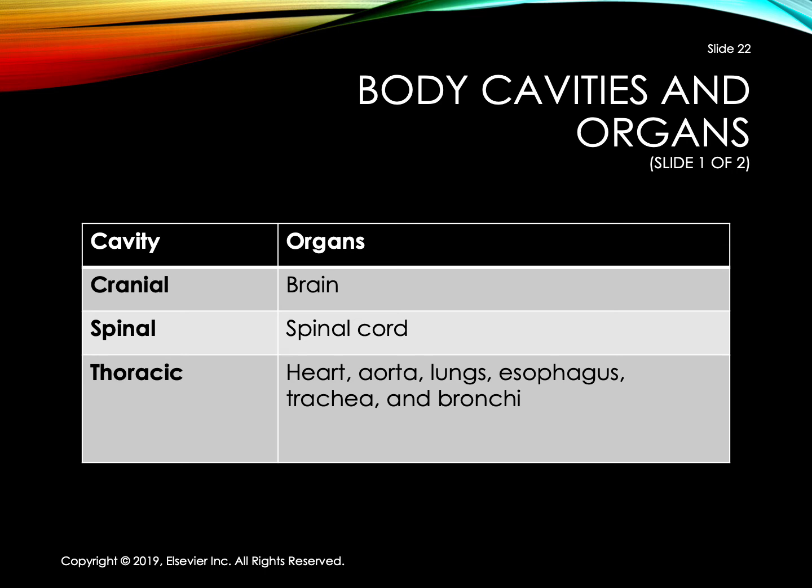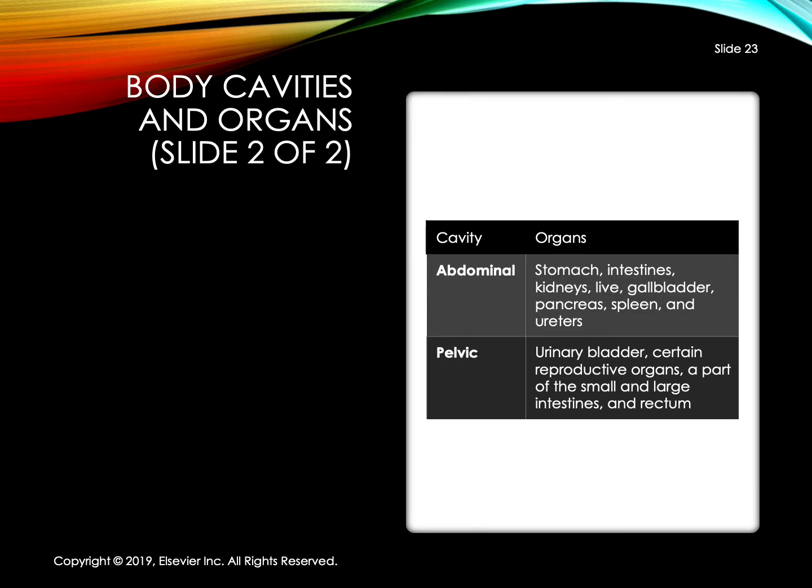And then part of the aorta, which is the biggest artery that we have in our body, also lives in the thoracic cavity. It does traverse down our body, so it does live in the abdominal cavity as well, but part of it is in the thoracic cavity. So the thoracic cavity contains the heart, aorta, lungs, esophagus, trachea, and bronchi.